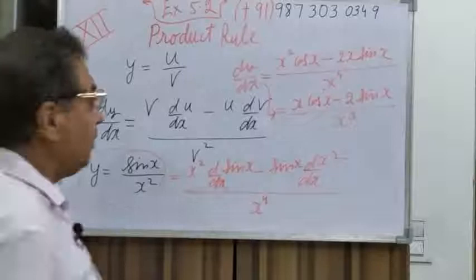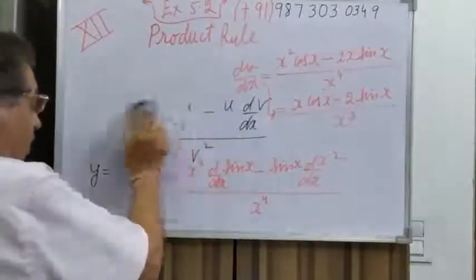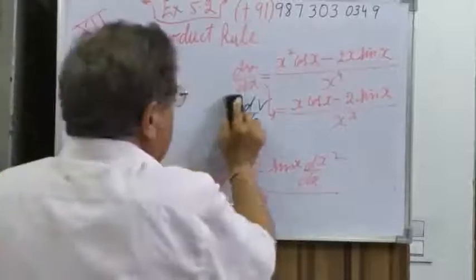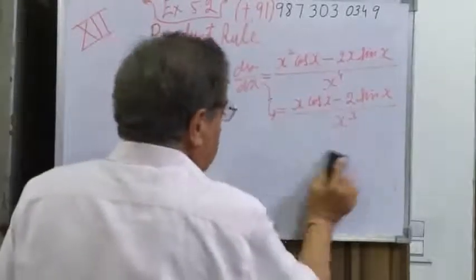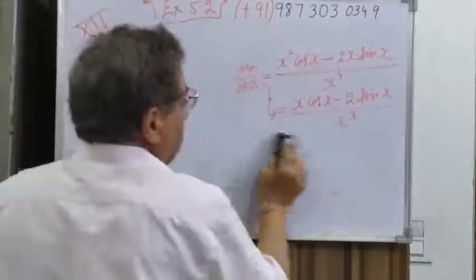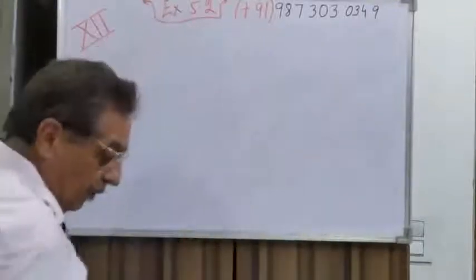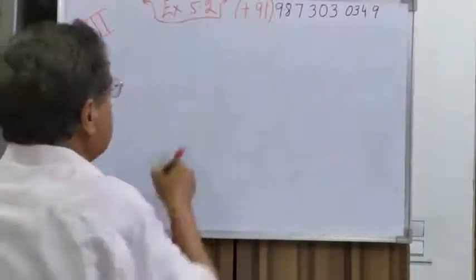After doing the product rule and quotient rule, next I would like to tell you about the derivative of composite functions. What is the derivative of a composite function?